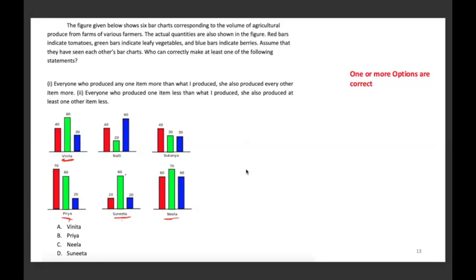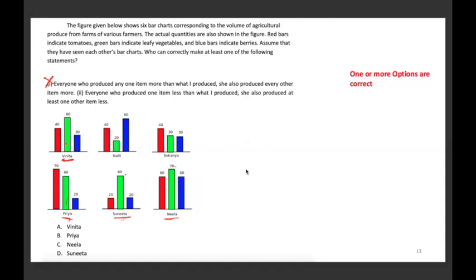So none of the four can make the first claim. Sunita is stuck with 60 being equal in these two, and Neela is obviously producing more than that. So it works with Neela, but does not work with Vinita and Priya, where the leafy vegetables are equal. Does not work. Next statement.